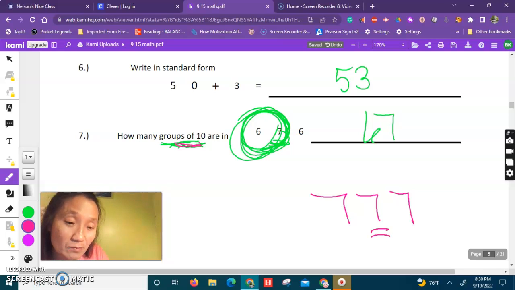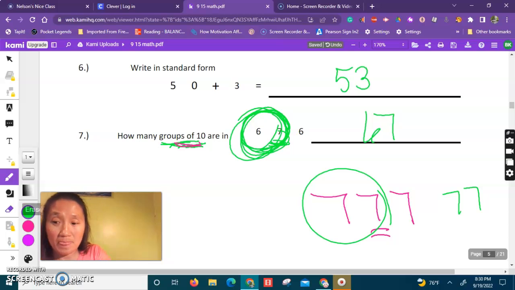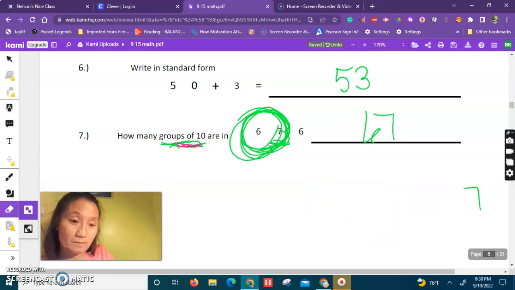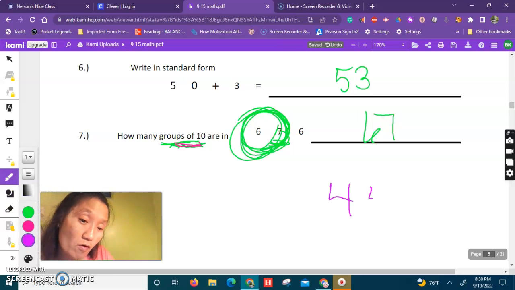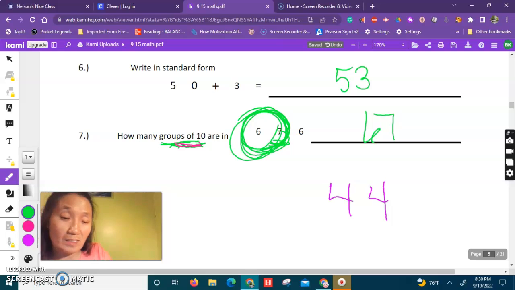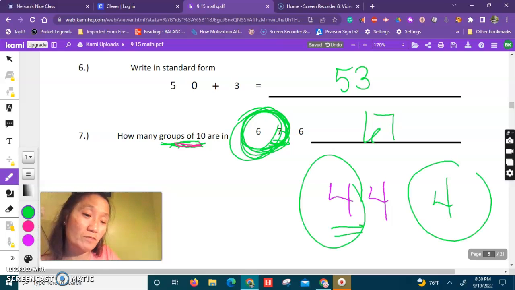I go to the tens place and circle everything in front of it. So there are 77 groups of 10. If I have the number 44, I go to the tens place, circle everything in front of it, and I have 4 groups of 10.